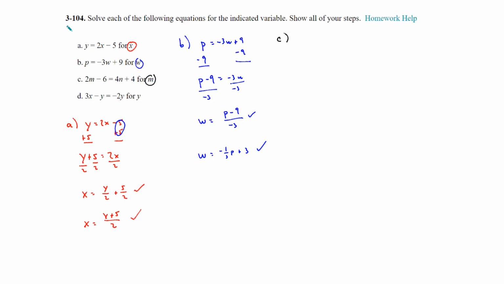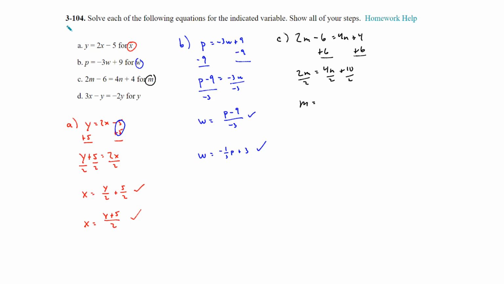C, solving for m. So we have 2m minus 6 equals 4n plus 4. So we can add 6 to both sides. 2m equals 4n plus 10, divide by 2.